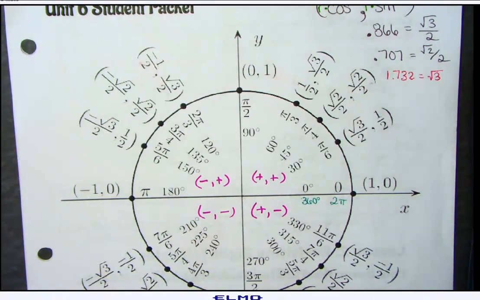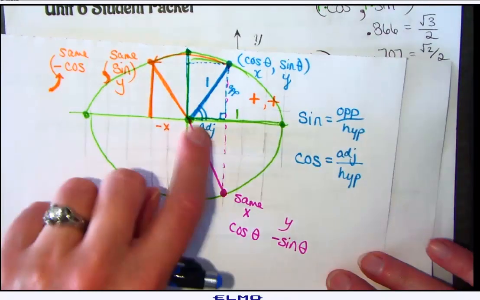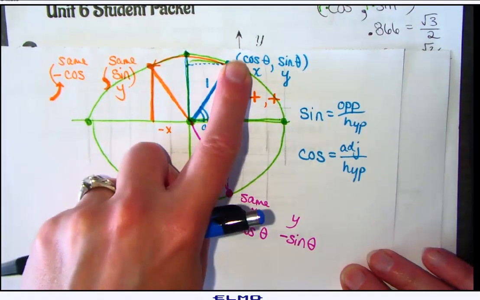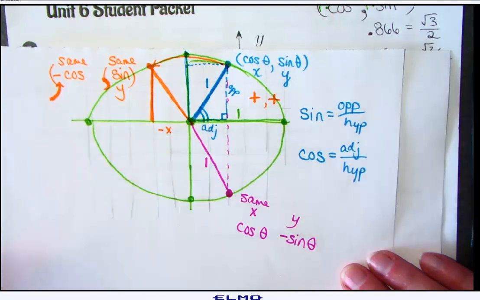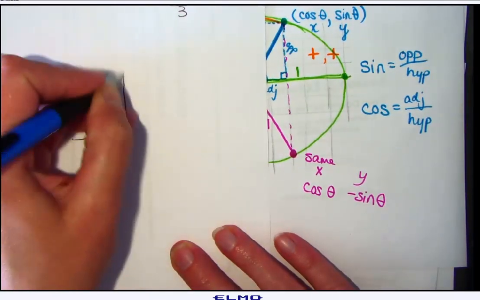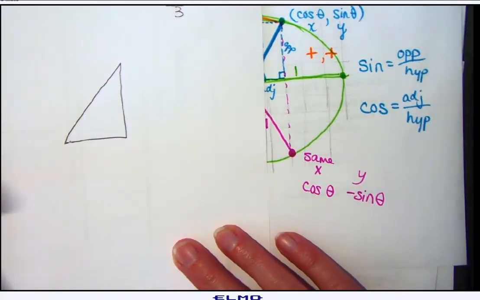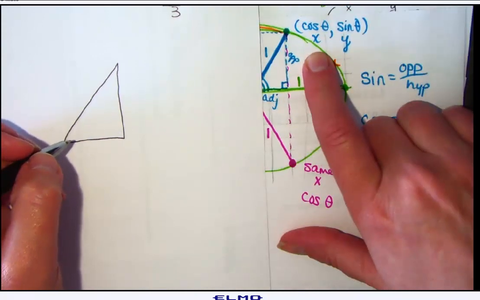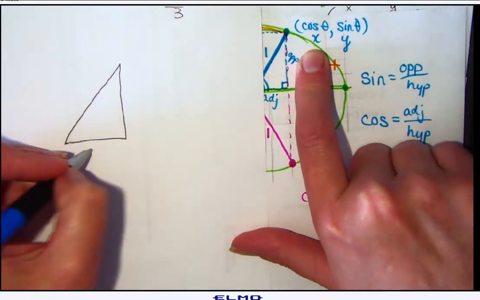Our other big question is going to take into account back to these triangles, a squared plus b squared equals c squared. But if we know each of these triangles, instead of adjacent and opposite, a squared and b squared, we now know that cosine is our x coordinate.